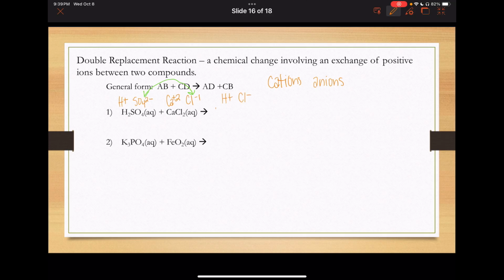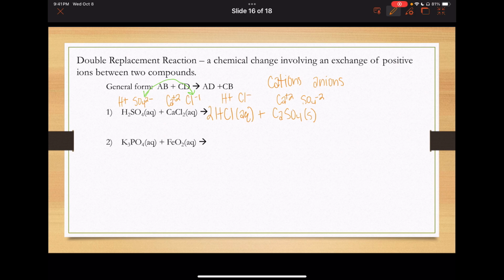When I swap and drop, that's HCl, and that is aqueous, plus CaSO4, which is a solid. Now your last step would be to balance this, and the only thing you need to do to balance it is this one. All right, same thing here.